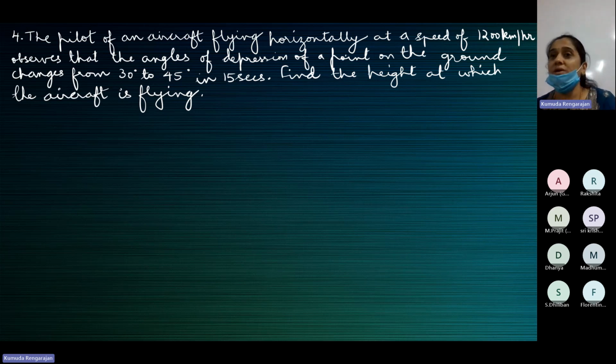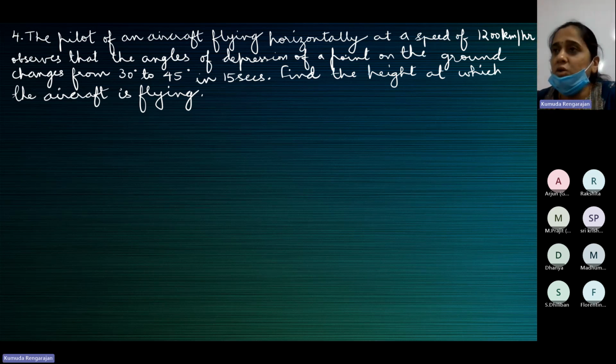The angle of depression of a point on the ground changes from 30 degrees to 45 degrees in 15 seconds. Find the height at which the aircraft is flying.